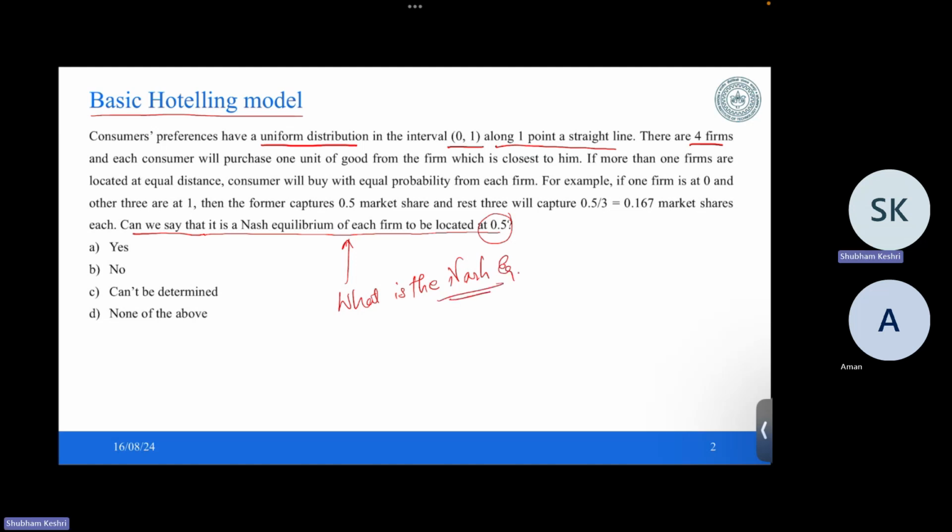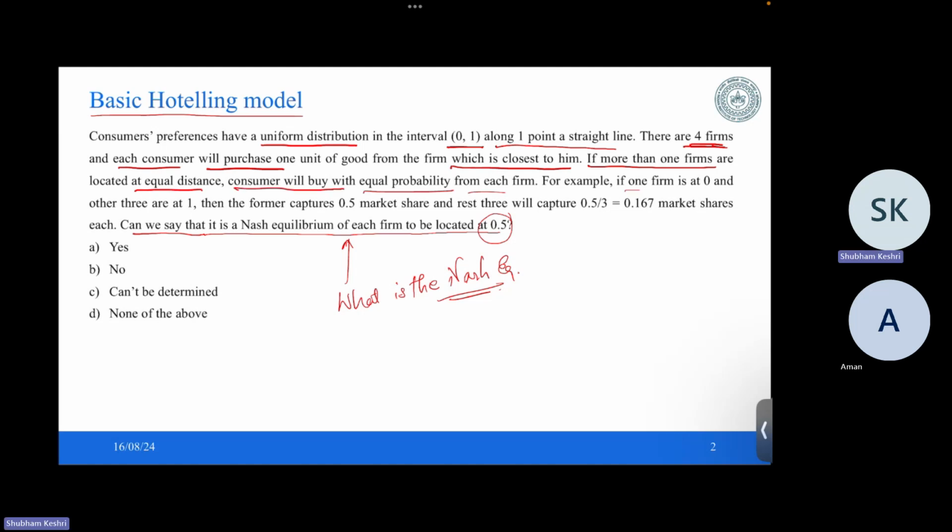So what this problem is, we have an interval 0, 1, and in that interval, there are 4 firms, and each consumer will purchase only 1 unit of good from the firm which is closest to him. If more than 1 firm are located at equal distance, the consumer will buy with equal probability from each firm.